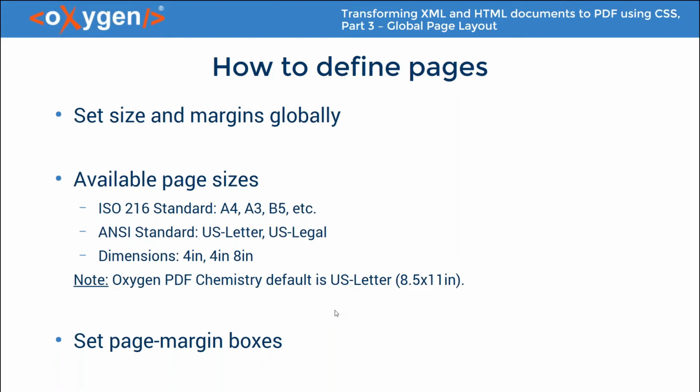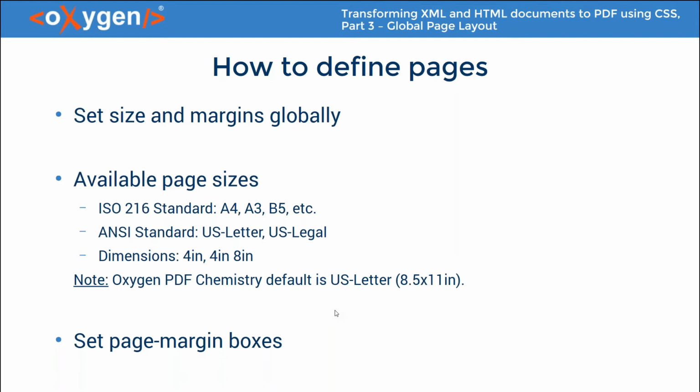The page sizes supported by Oxygen PDF Chemistry are from the ISO 216 standard, for example the A4 document pages, but we also support the ANSI standard for American formats, for example US letter or US legal. If you want a specific format, you can also define a mono-dimensional or bi-dimensional size, for example 4 inches to make a 4 inch square, or 4 inches and 8 inches to make a rectangle.